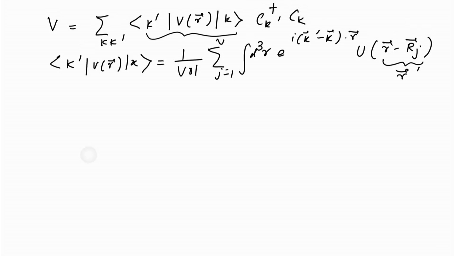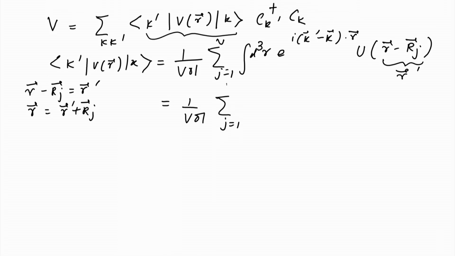So, if r minus r_j is equal to r prime, r becomes equal to r prime plus r_j, and then this becomes equal to 1 by volume, sum over j from 1 to n, d cube r prime, an exponential i (k prime minus k) dot r prime.